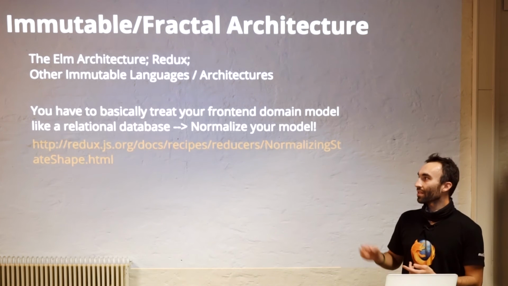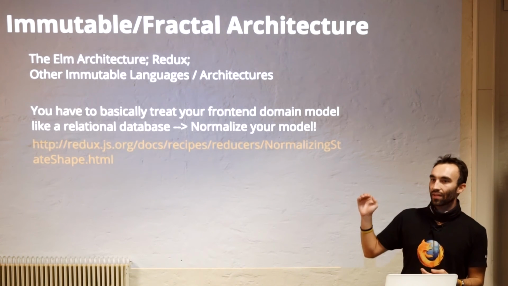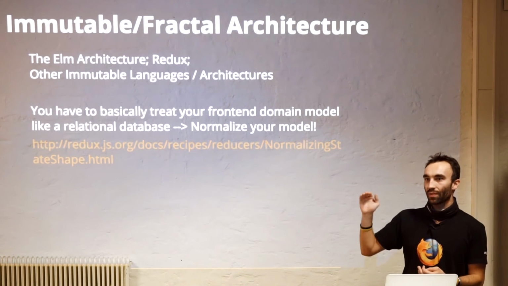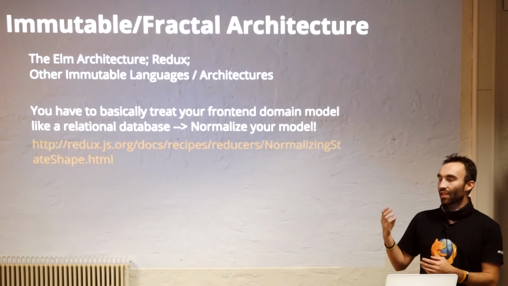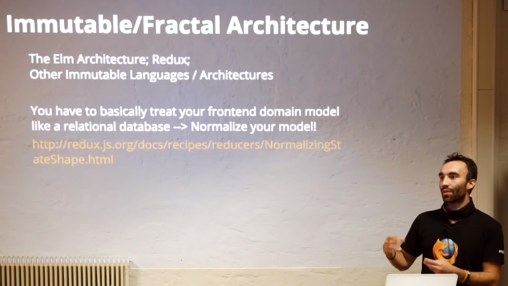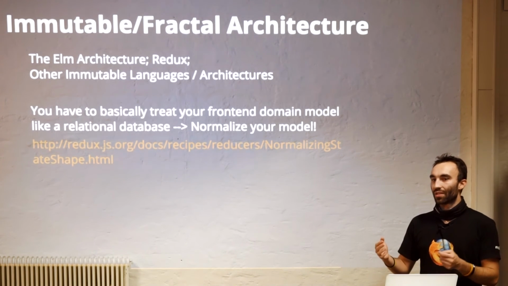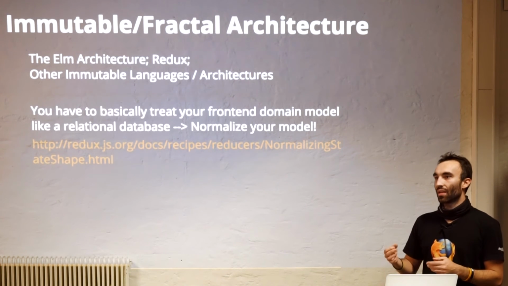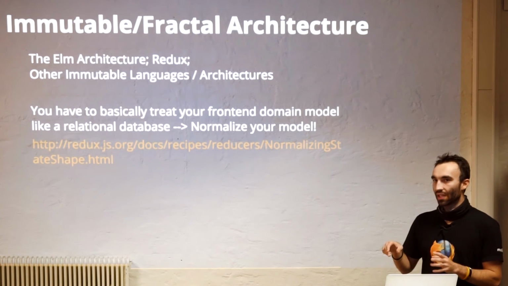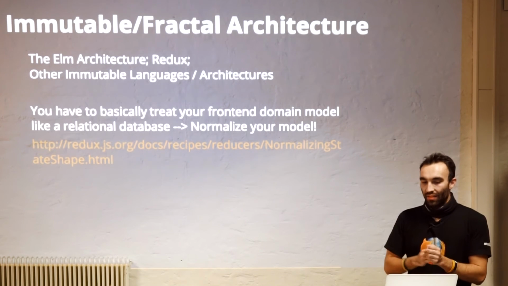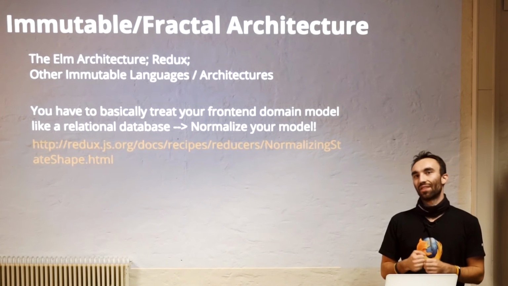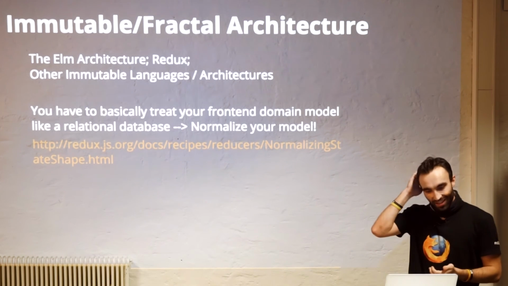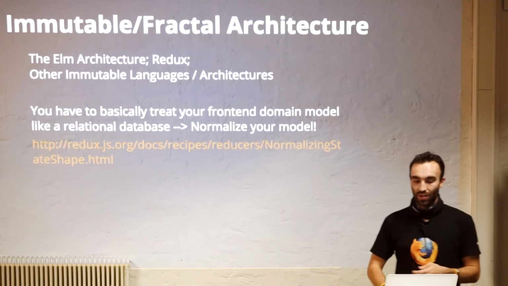If you add just one field, like the author or the owner of one of those to-do list items, then instead of a state tree, you'll get a graph, because one owner can have multiple to-do items assigned. So it's not a flat tree again. And so you actually have to do something like database normalization that you maybe know from university. This is the Redux docs for it.